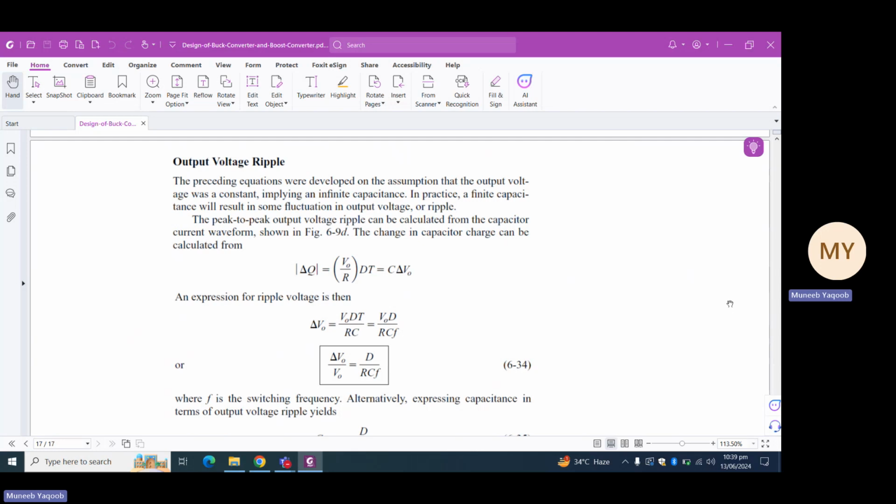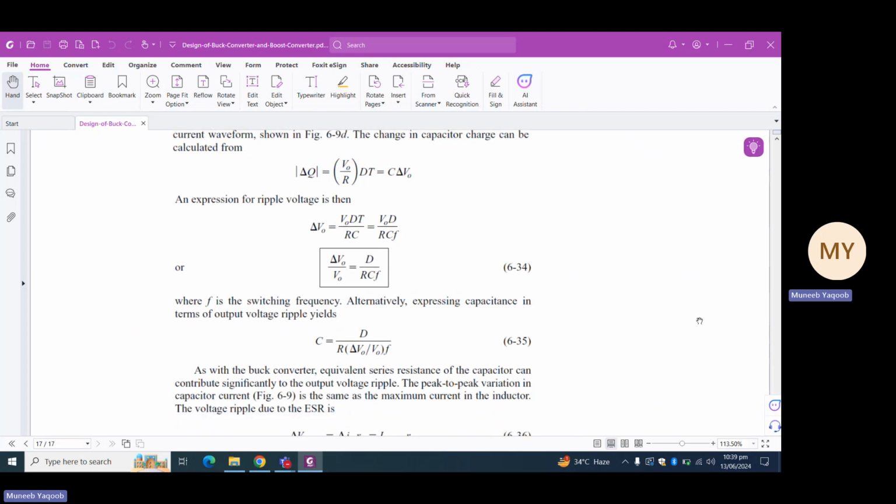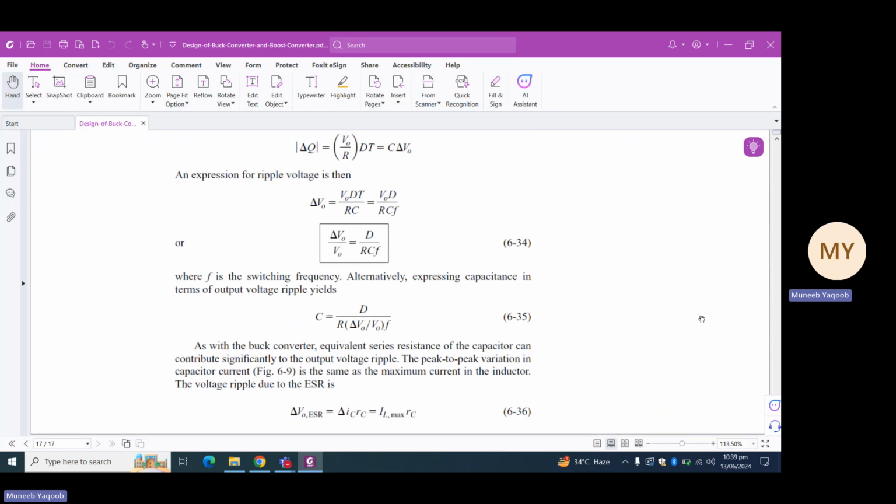So this equals D upon RCf. From equation 6.34, if we make C the subject, we get equation 6.35, which is the capacitance required to maintain an appropriate delta V naught upon V naught, that is, an appropriate percentage ripple.